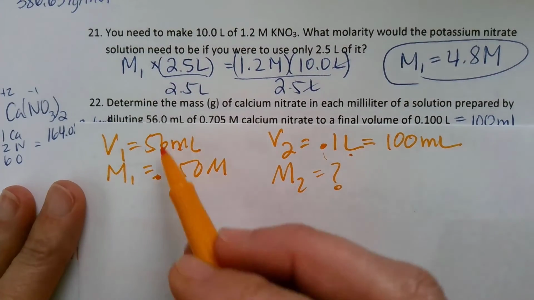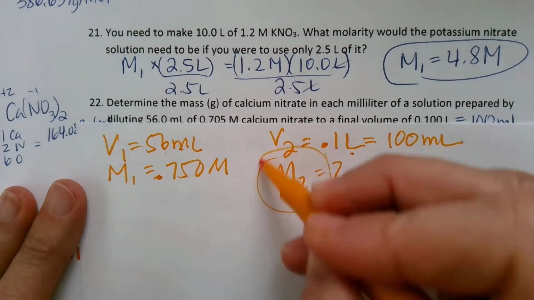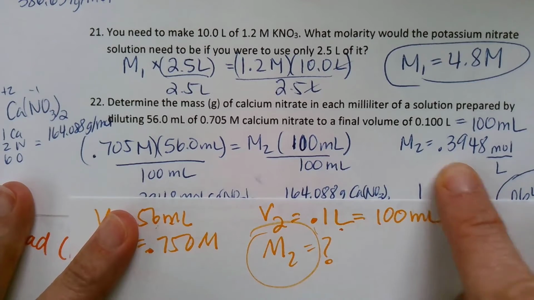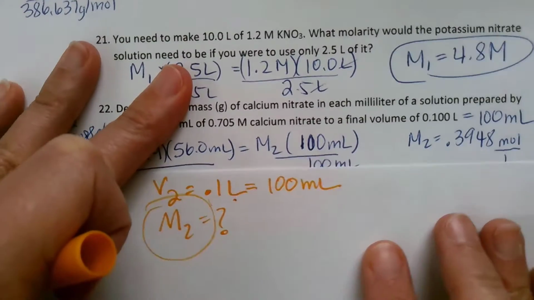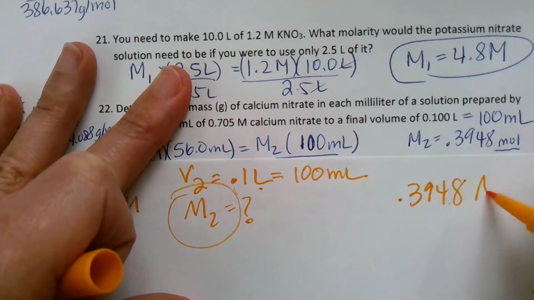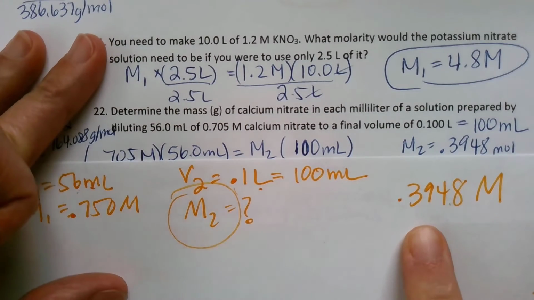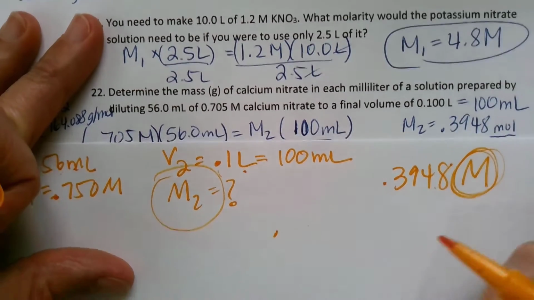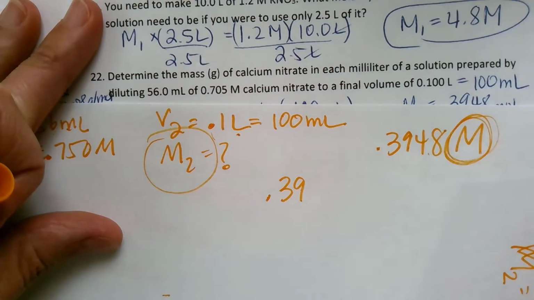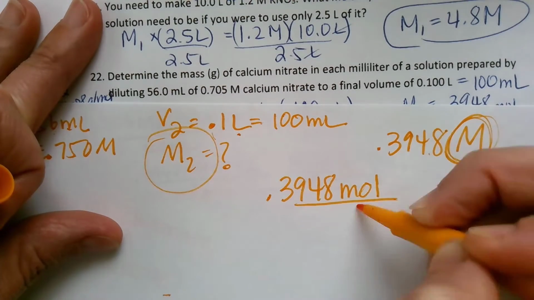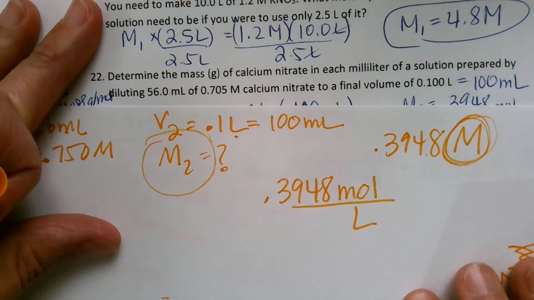So I'm going to do M1V1 equals M2V2 to solve for M2, which I did right here. Now, when I get that unit, M2, which we got is 0.3948, that's my M2. Remember that this stands for moles per liter, 0.3948 moles per liter. That's what capital M stands for.